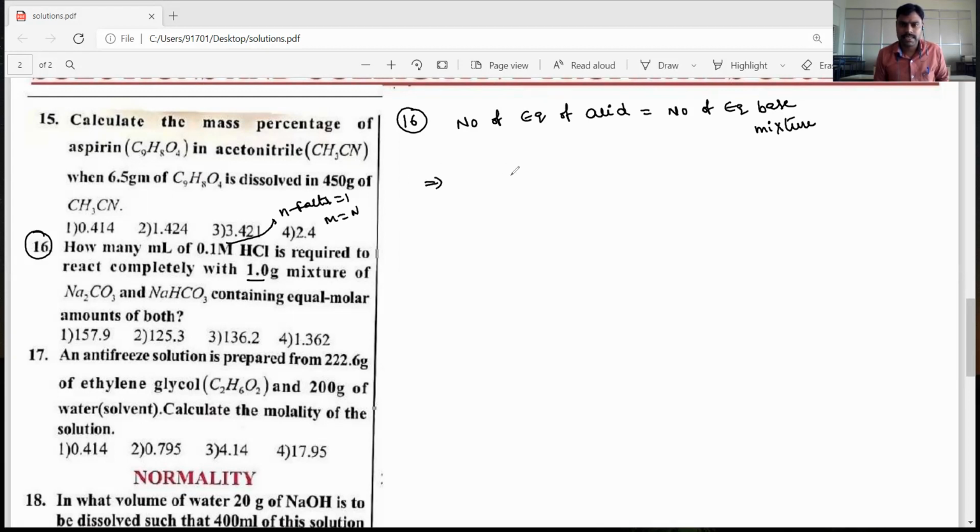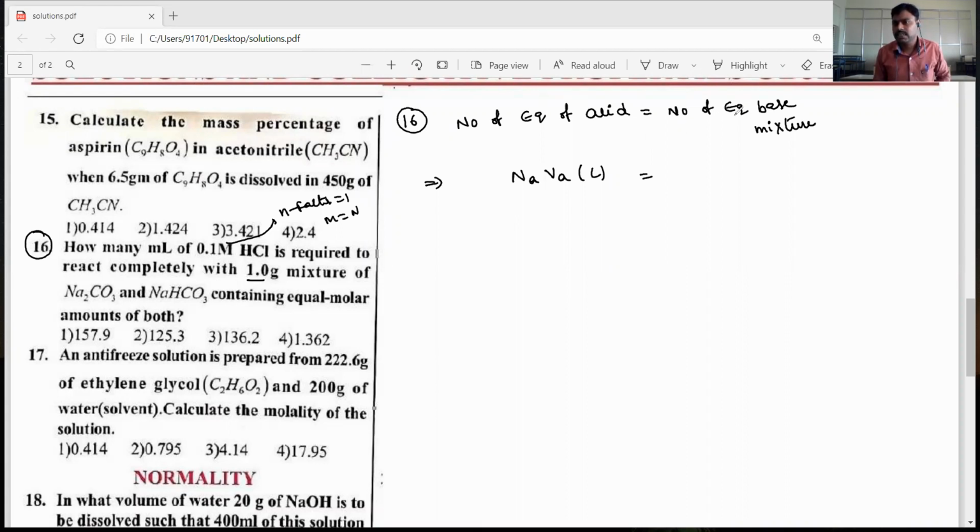For this case, the number of equivalents of acid is equal to Na into Va, with volume in liters. Normality into volume of HCl in liters we will get. The number of equivalents of base is also normality into volume of base, but the volume and normality of base are not given. But they gave one hint: the total Na2CO3 and NaHCO3 mixture weight is equal to 1 gram.